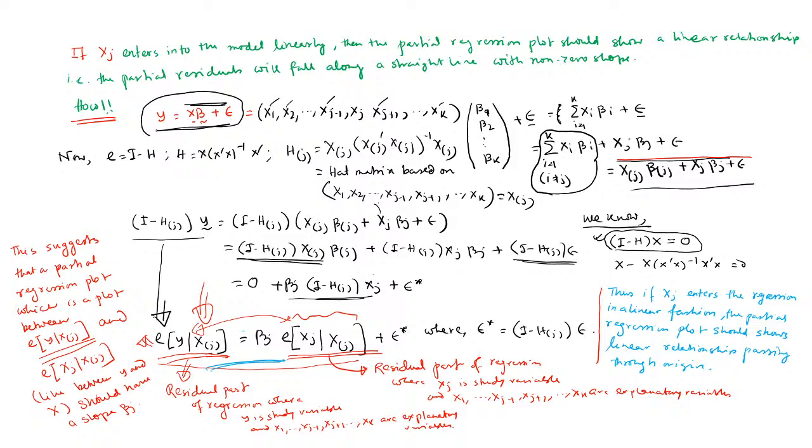That is the ideal scenario. So if xj enters the regression in linear fashion, the partial regression plot is linear.